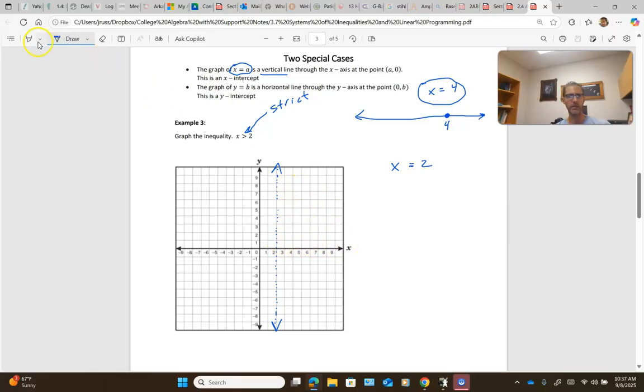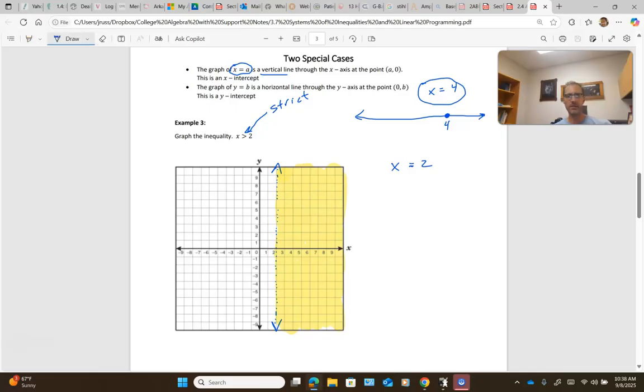So we're going to shade to the right. Okay, so that's a case in which it's just x is greater than or whatever to just some number. There's no y, so you're going to get a vertical line.